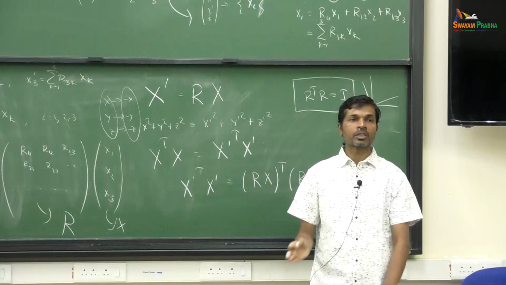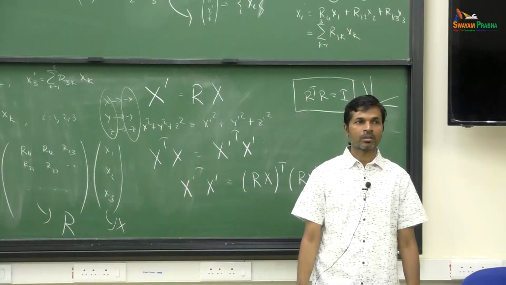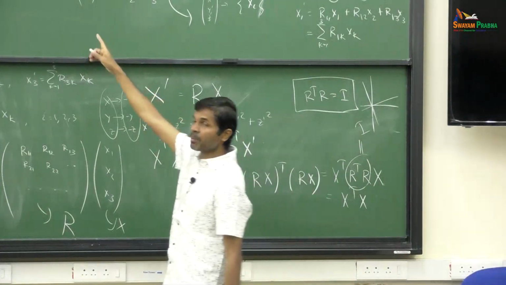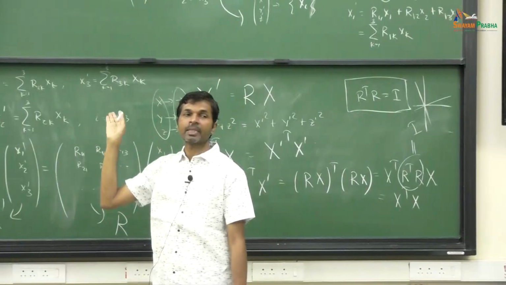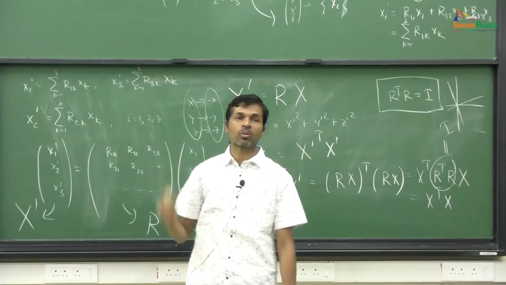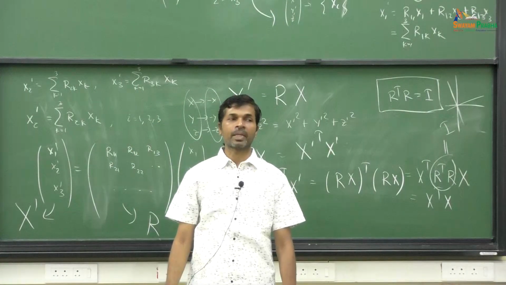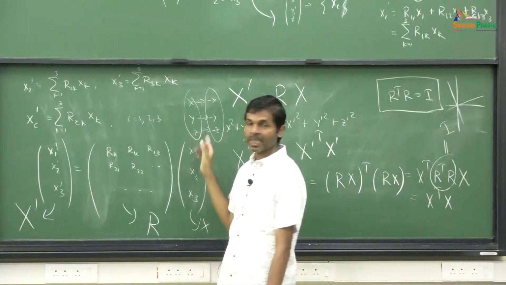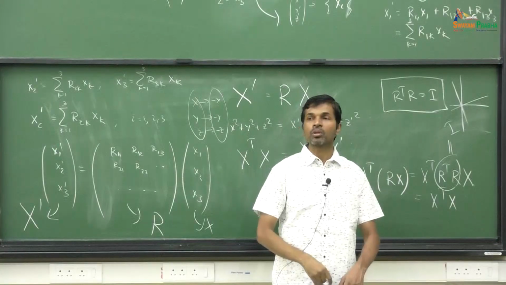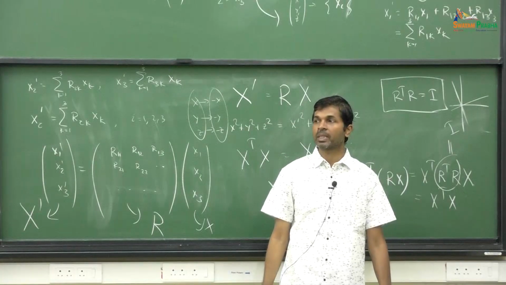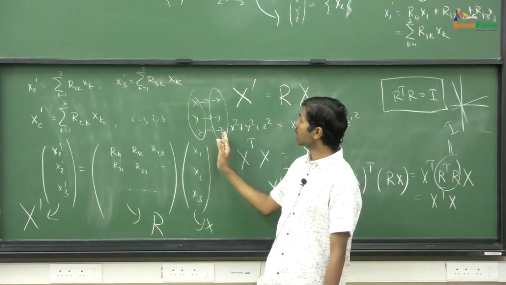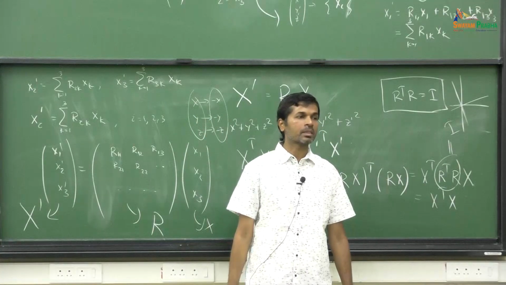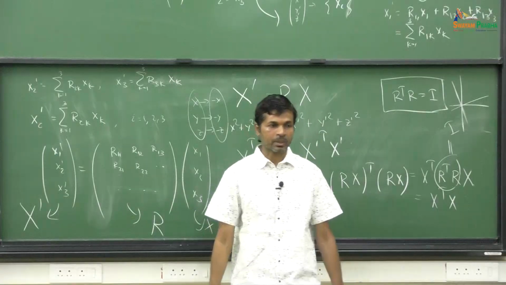Rotation is a continuous transformation. You can consider a parameter, and from identity you can change this parameter slowly and obtain any finite rotation. But reflection is a discrete transformation. There is no continuous parameter associated with it which you can slowly change to obtain it. So that is the most important difference.